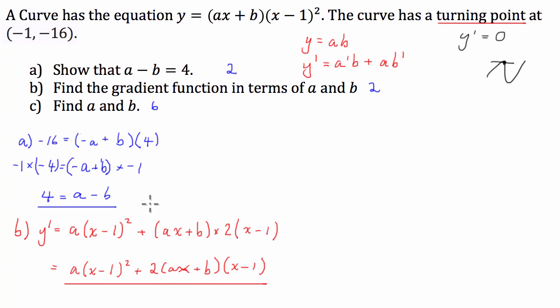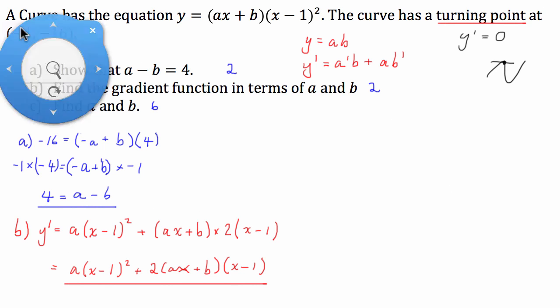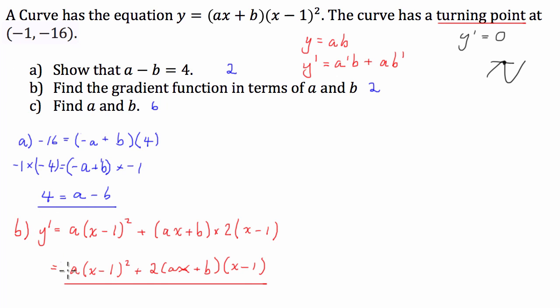So what we do is we substitute in x equals -1 and 0 for y prime, and we're going to be able to solve for a and b. So we're going to have 0 is equal to, this is part C by the way.